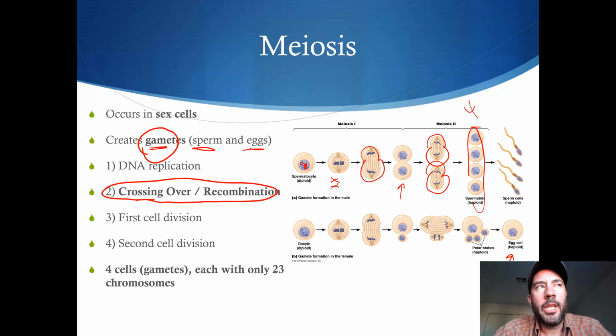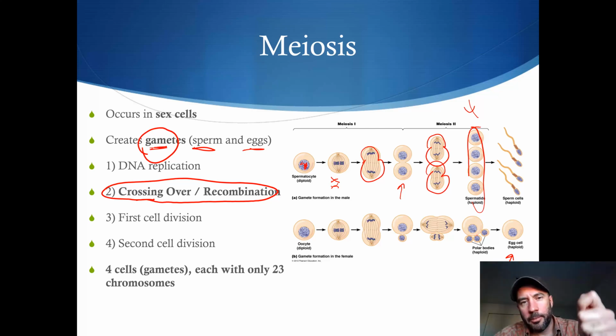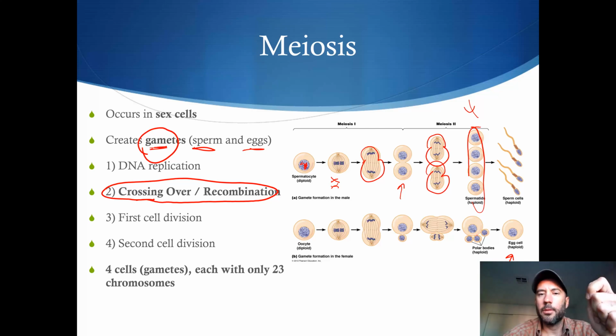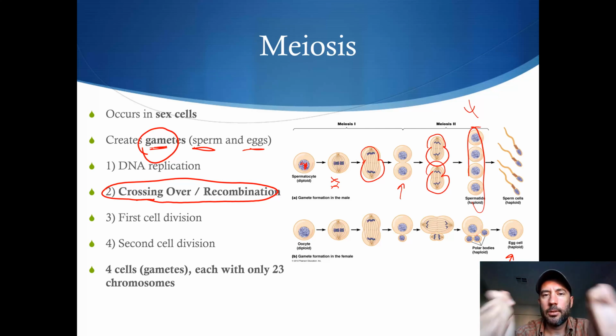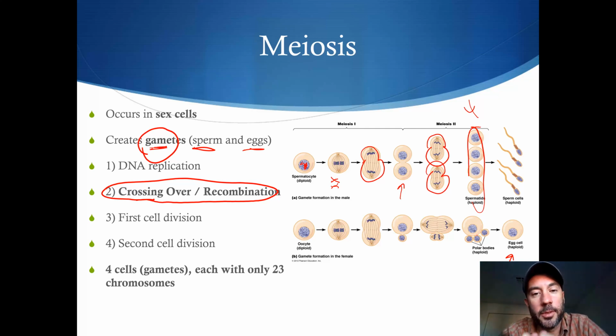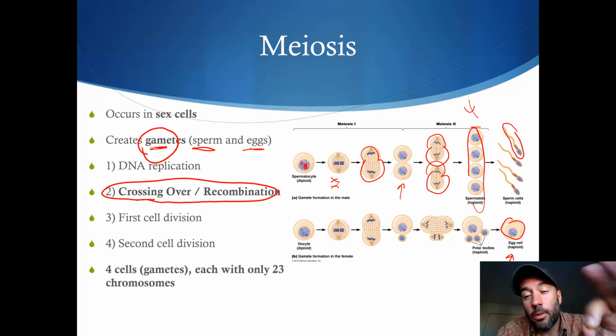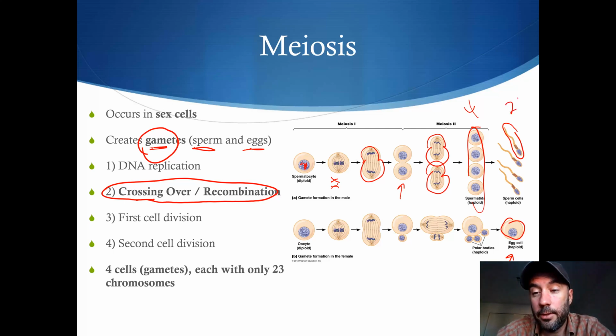So that must mean that the sperm carry 23 chromosomes and the egg carries 23 chromosomes, and then together they make 23 pairs of chromosomes, or 46 chromosomes, right? So that means each of these daughter cells, like each of these sperm cells and the egg cell, they each need to have 23 chromosomes.